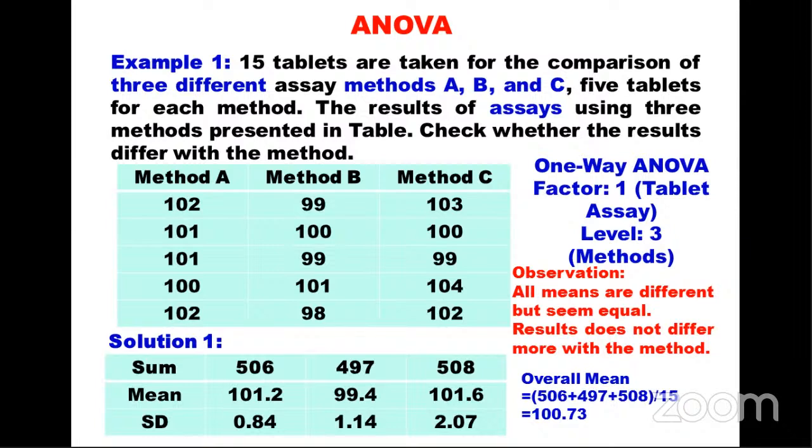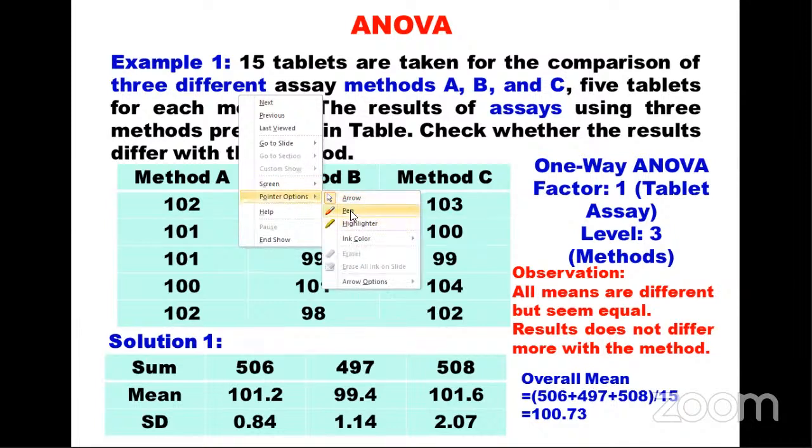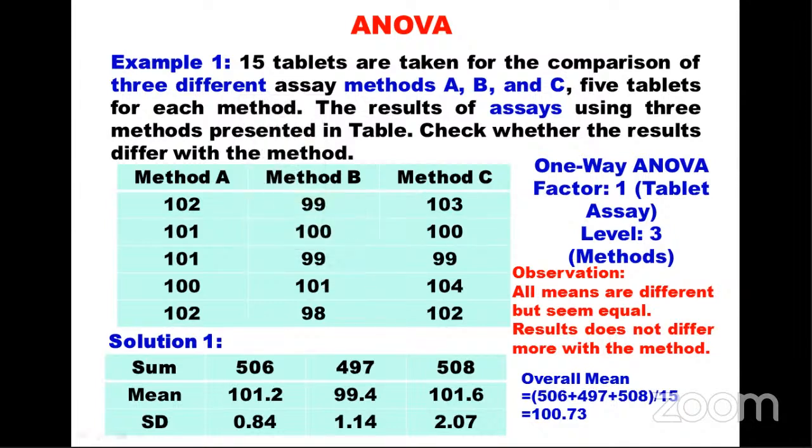So it looks easy. First find the sum of all, find the mean and standard deviation of each group and of the total. I did it at the bottom also. I calculated those things: this is for the first group, this is for the second group, this is for the third group.